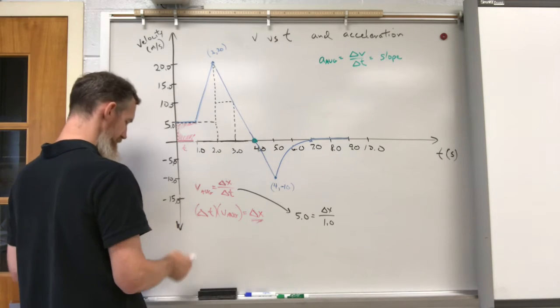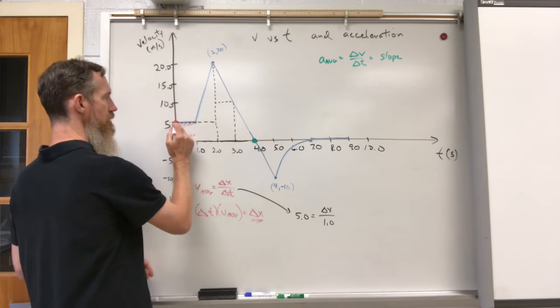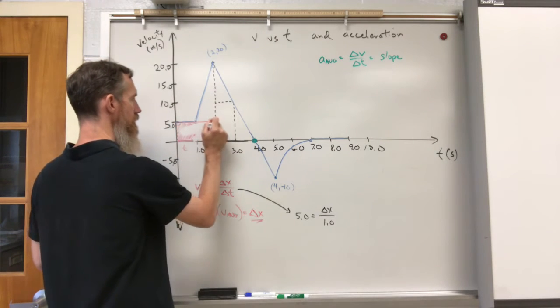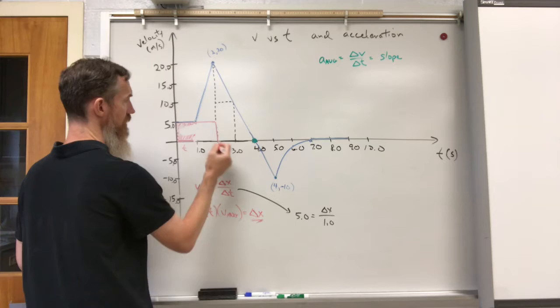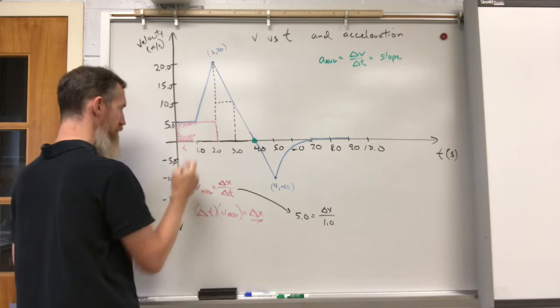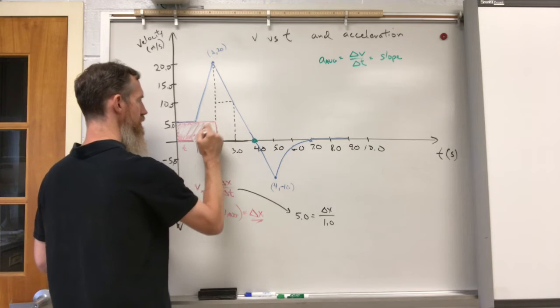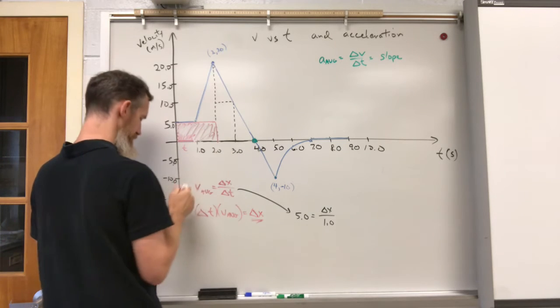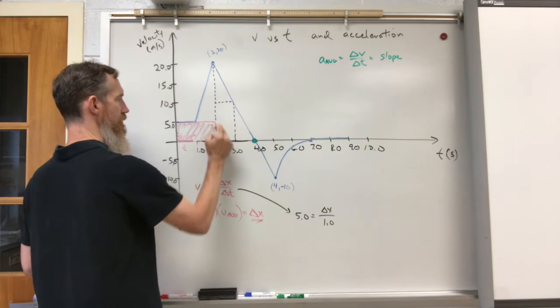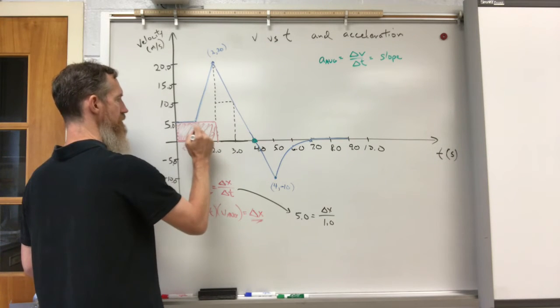So for this area, you have 5 times 2. I expanded this. So for this area here, that's worth 5 times 2, which is 10 meters.